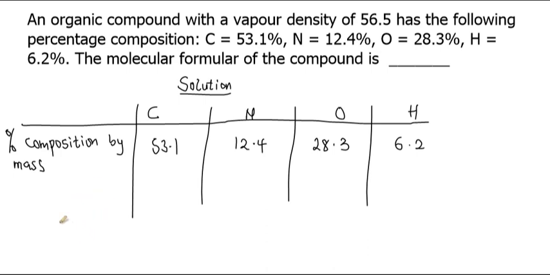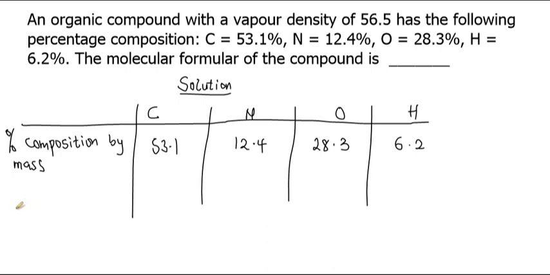The next thing to do now is to state the atomic mass. Don't forget the formula for calculating number of moles, mass over molar mass. And in this case, since it is not a compound, we are dealing with each of the elements, then we'll be using the atomic mass of each of them. So now our formula for moles will then be mass over atomic mass. So now here we have for carbon.